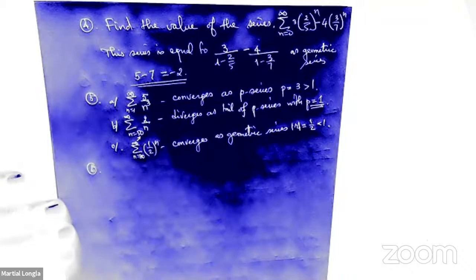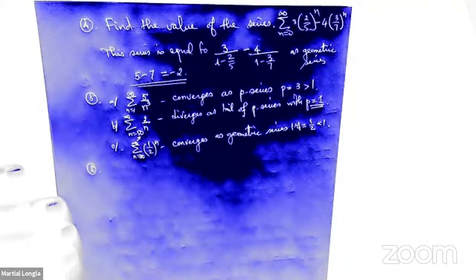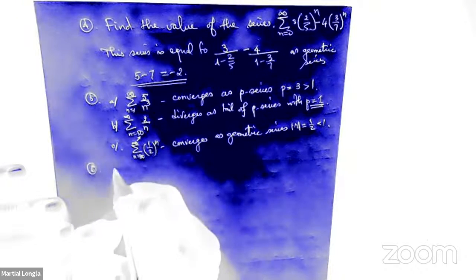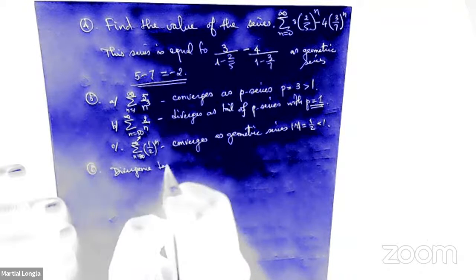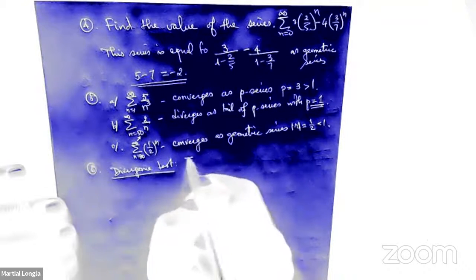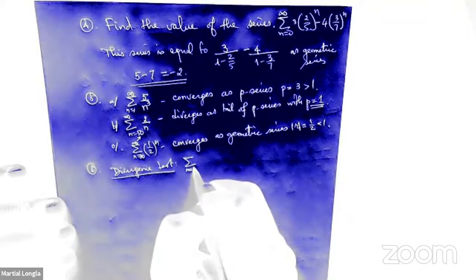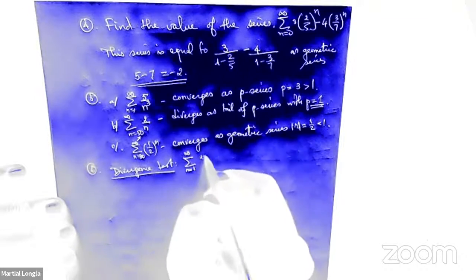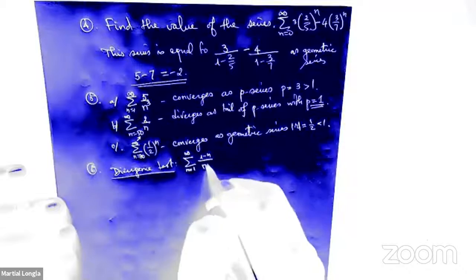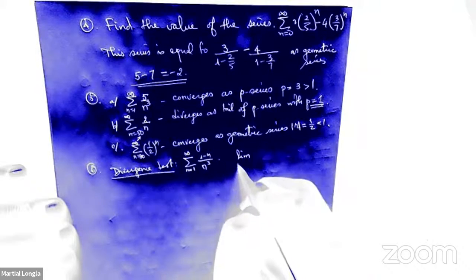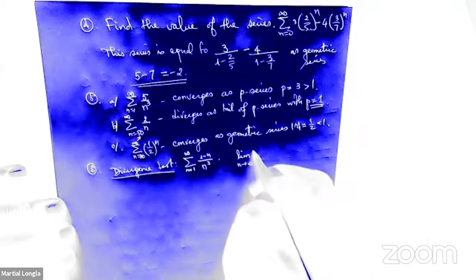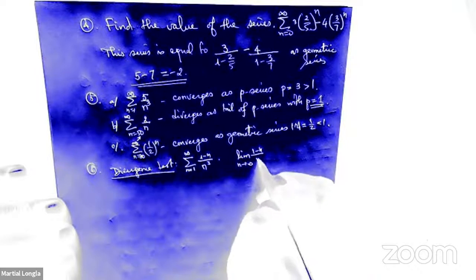And now number 6 says use the divergence test. And the series is sum n from 1 to infinity, 1 minus n over n cubed. So the divergence test says find the limit of an, 1 minus n over n cubed.